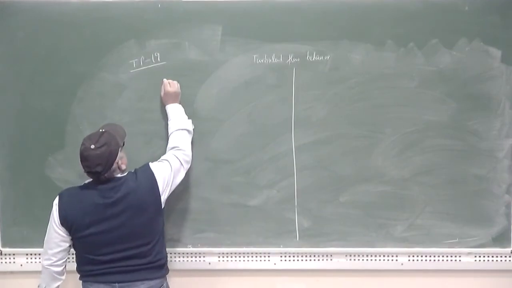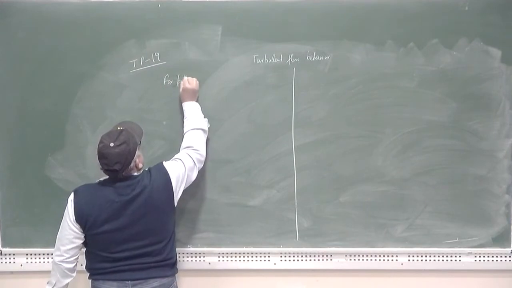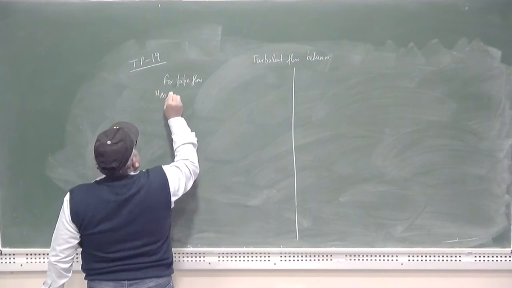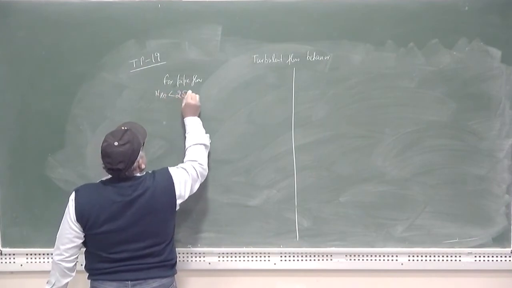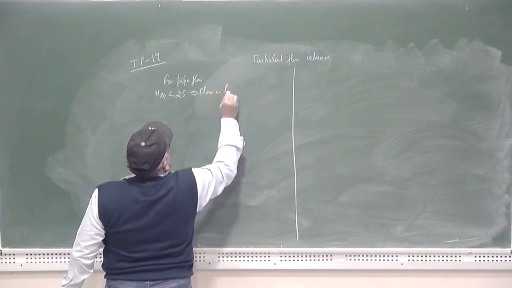So, generally for pipe flow, if the value of the Reynolds number is lesser than 25, then it can be said that the flow is laminar.